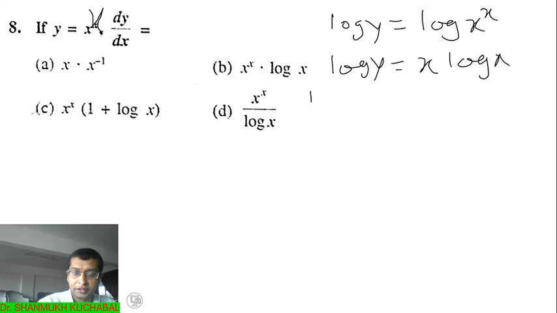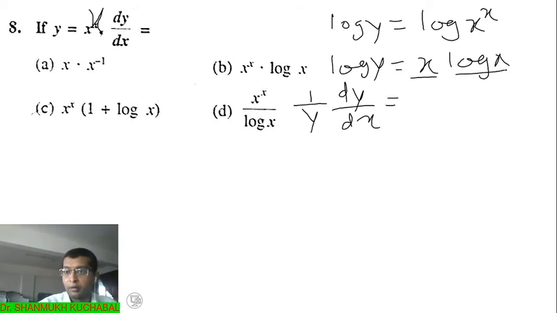Log y differentiation is 1 by y times dy by dx. Now x is one variable, log x is another variable, and they are multiplied. We have to use the product rule: first function as it is, then second function differentiation, plus second function as it is, first function differentiation as 1.